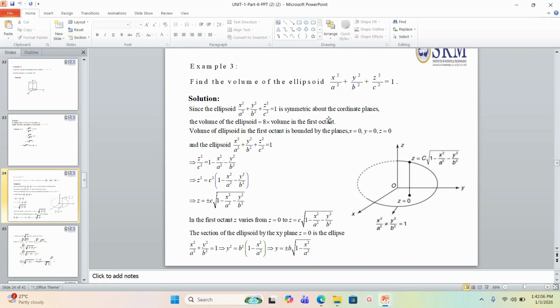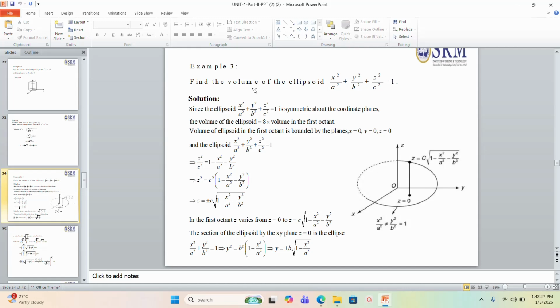Before finding the triple integration, that means the volume, we need the x limits, y limits and z limits, as before, how we got the x, y and z limits of the tetrahedron. For finding the x limits, take y and z equal to 0. For finding the y limits, take z equal to 0.